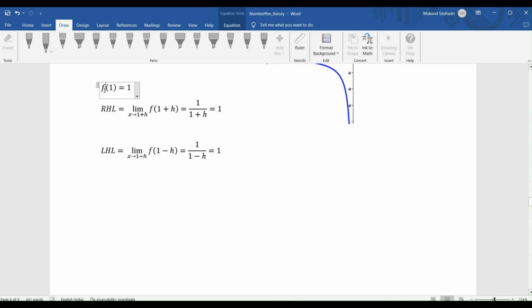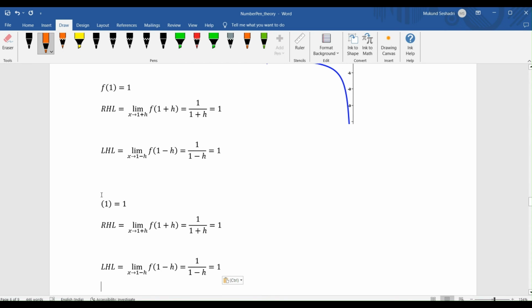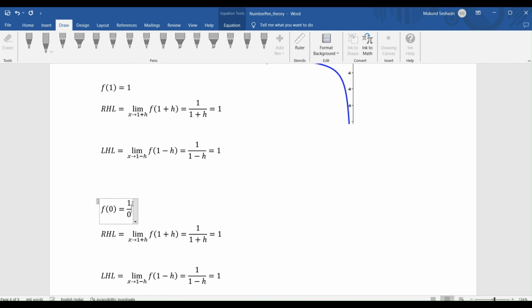So people study the continuity of this function at x equals 0, right? So I'm going to rewrite this. What is f of 0, right? F of 0 is 1 by 0, which is infinite, right?